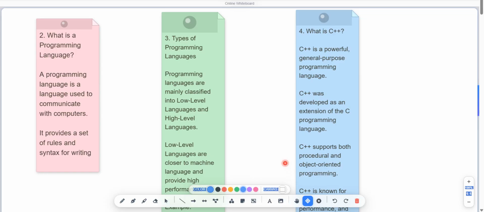How are these two combined? A bridge is used, and that is the compiler. In C and CPP, the compiler acts as the bridge that translates the higher level language to lower level language and lower level language to higher level language. It acts as the bridge between us, the humans, and the systems.